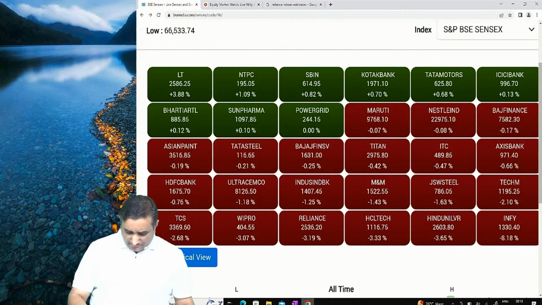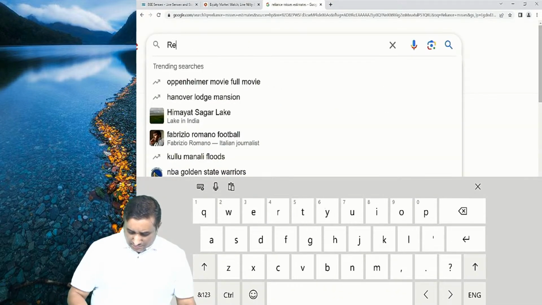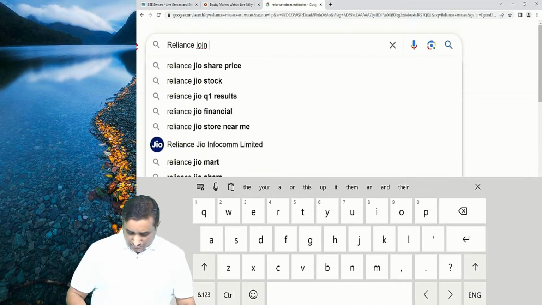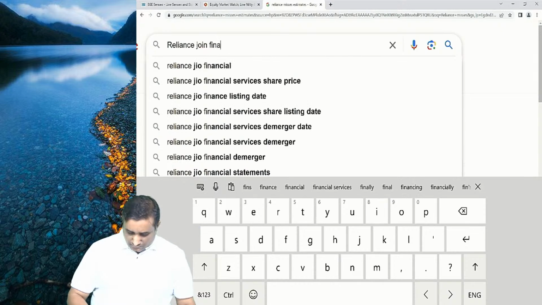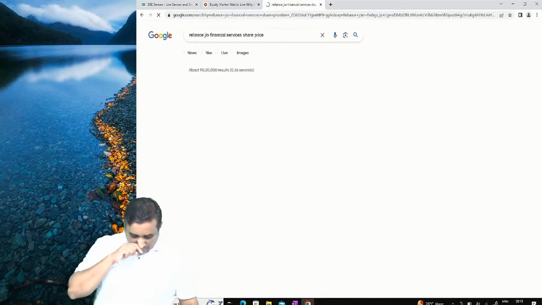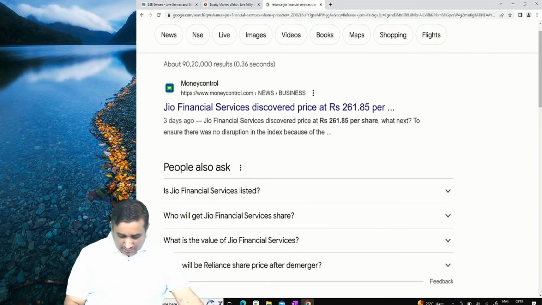Jio Financial Services, three days back, was given 261.85.